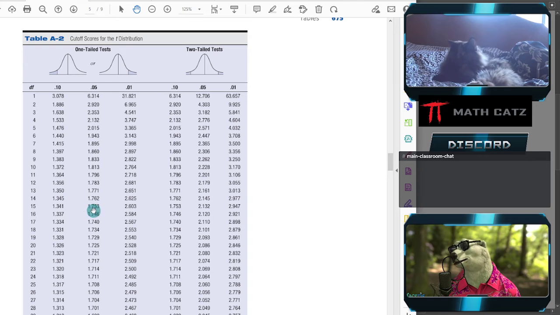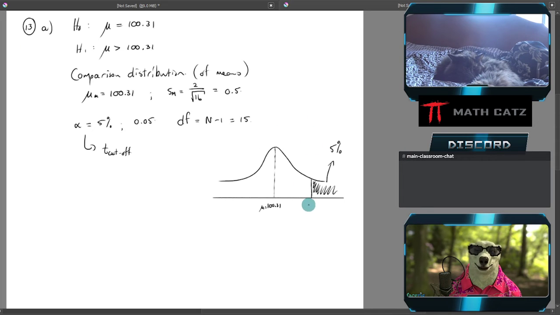One tail test, 1.753. That'll be our T cutoff, matching the alpha. So that is what I look up. Everything in terms of the flow of the hypothesis testing procedure is pretty much the same.